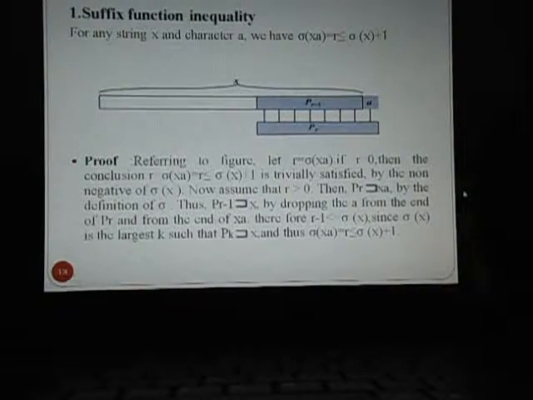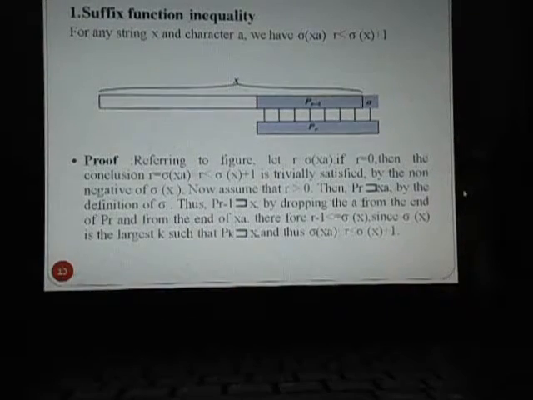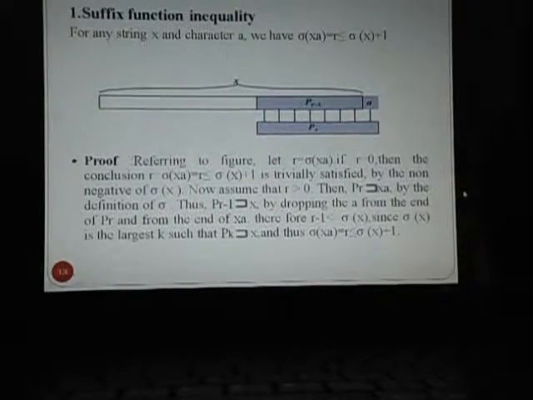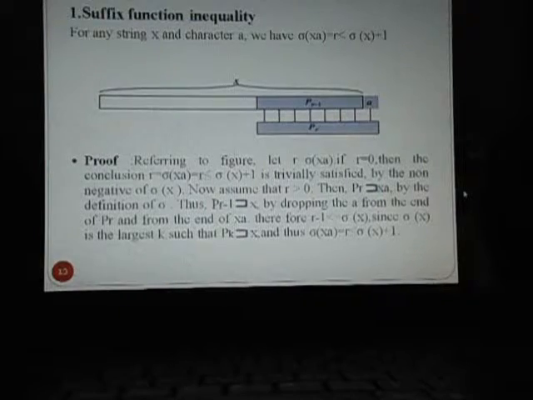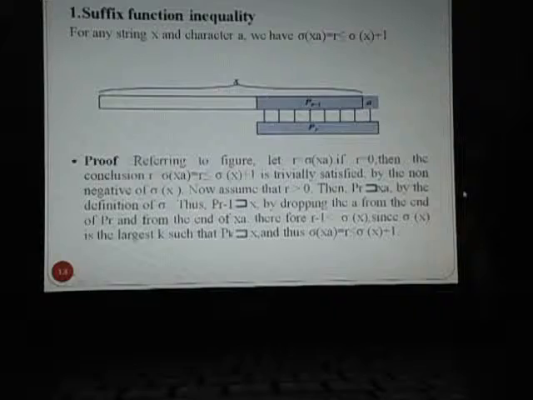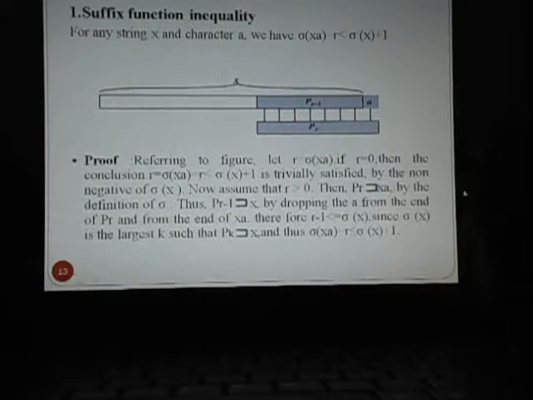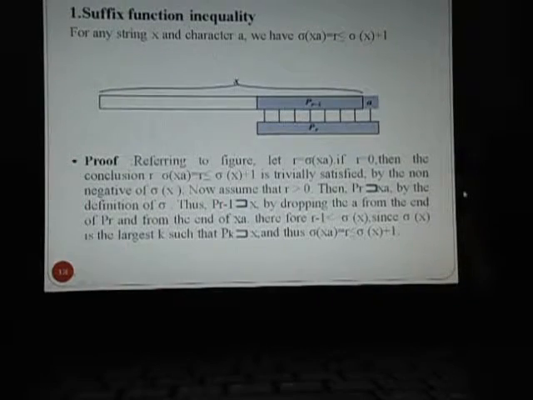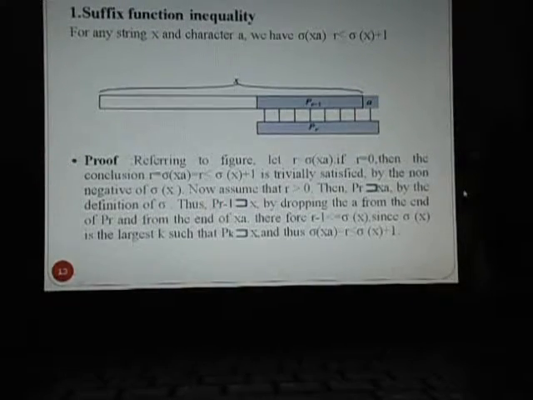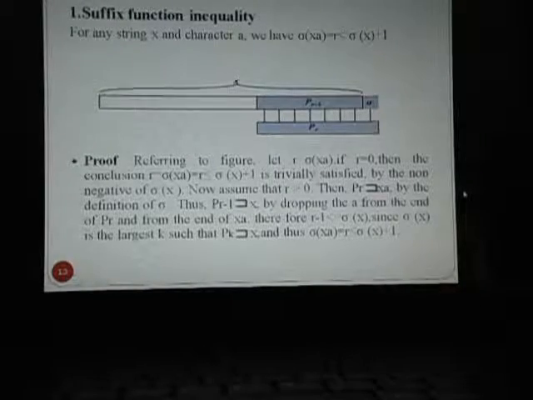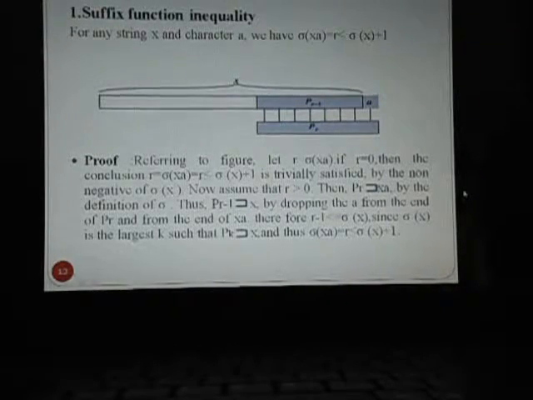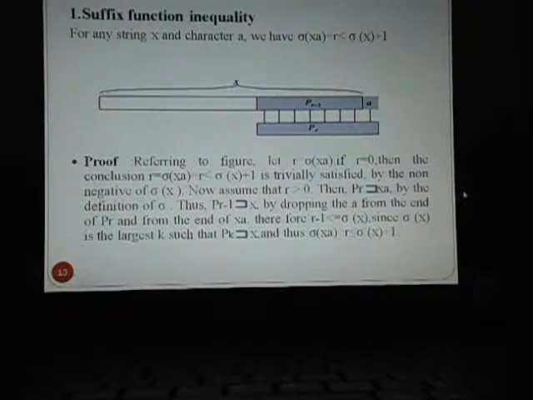Now we assume that r is greater than 0. Then P_r is a suffix of xa by the definition of sigma. Thus P_(r-1) is a suffix of x, by dropping the a from the end of P_r and from the end of xa. Therefore r minus 1 is less than or equal to sigma of x, since sigma of x is the largest k such that P_k is a suffix of x, and thus sigma of xa equal to r is less than or equal to sigma of x plus 1.